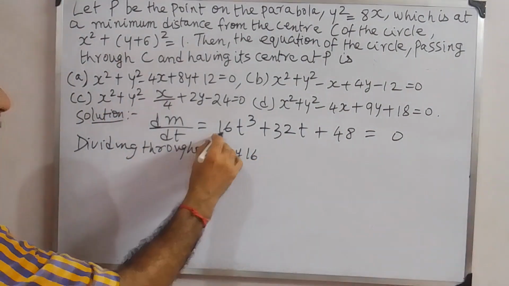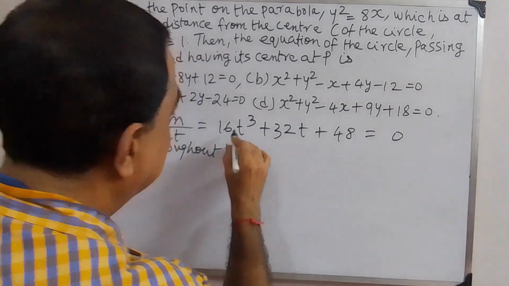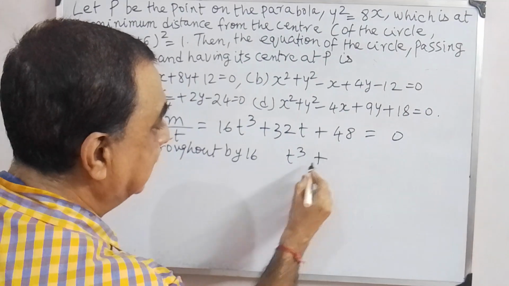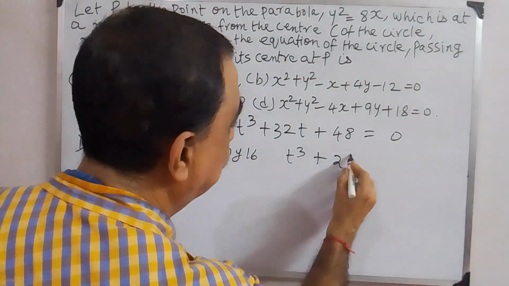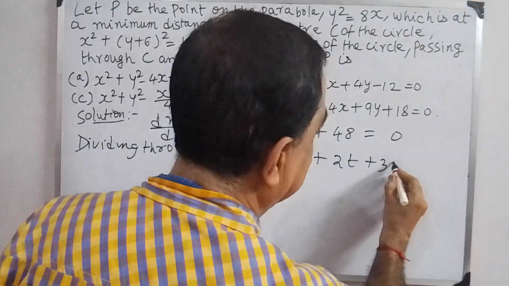So what we will get? 16 will cut out, so that will become t cube, and here 32 divided by 16 is 2t, plus 48 divided by 16 is 3.